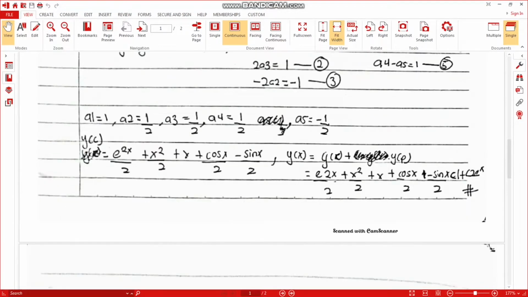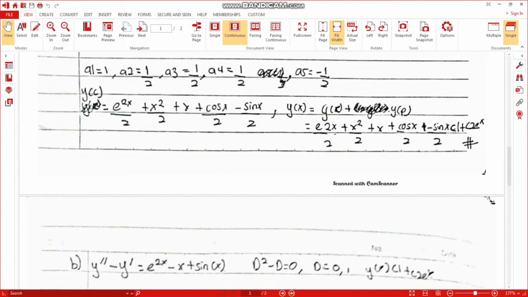Then we substitute into our yc, and this is the answer we will get. Then we need to add on the c1 plus c2 e^x. So this is the answer we get.